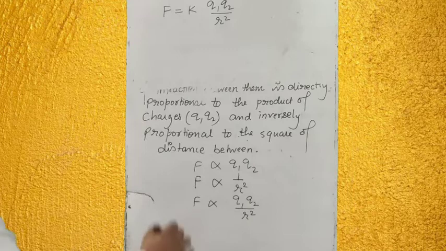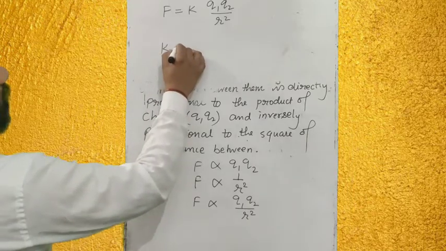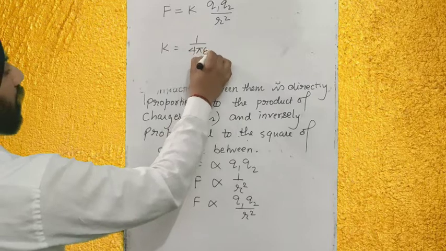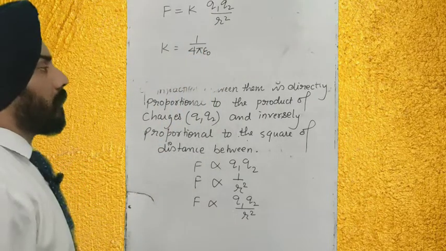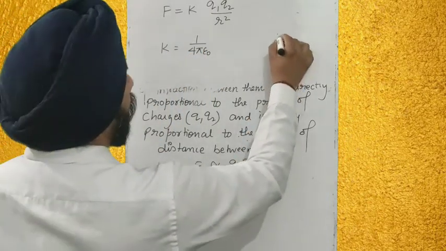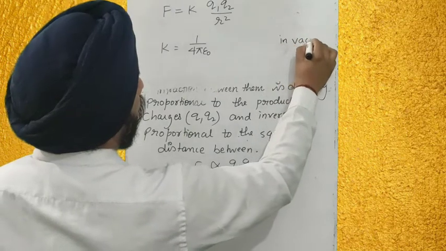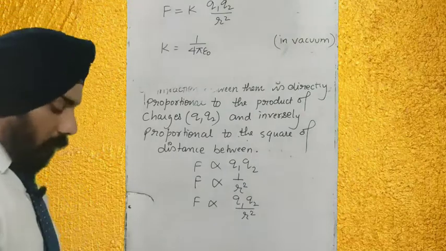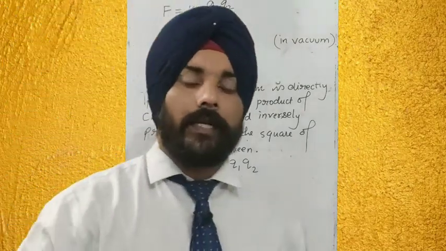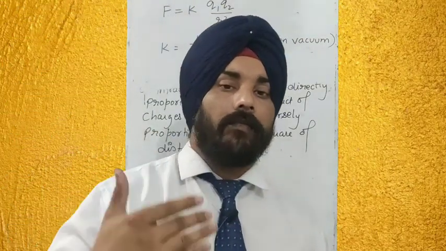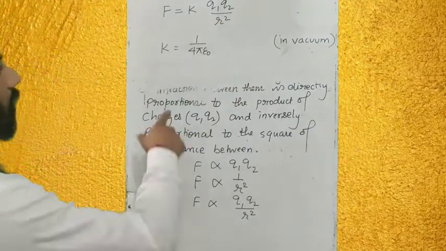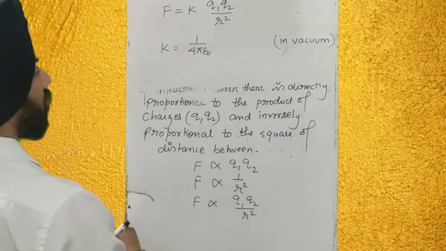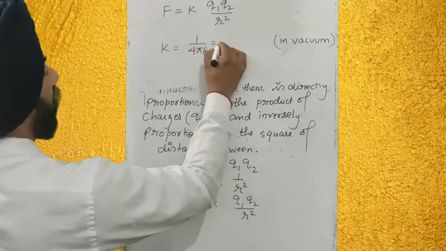What is K? K is a proportionality constant and its value is written as 1 upon 4 pi epsilon naught. This is in vacuum. When the charges are kept in air or in vacuum, the value of K will be equal to 1 upon 4 pi epsilon naught.